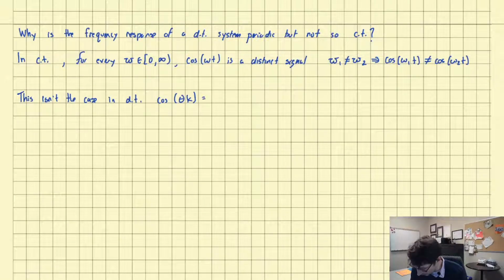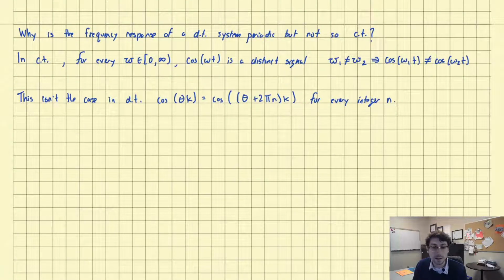So we get that cos of theta k, of course, equals cos of (theta plus 2 pi n) k for all integers n. Okay? So what happens here is that these signals, even though the parameter looks different, this is some number, this is some number with a 2 pi n offset, they superficially look different, but it's the same signal.